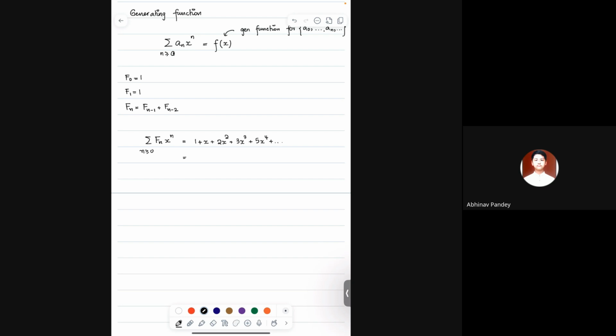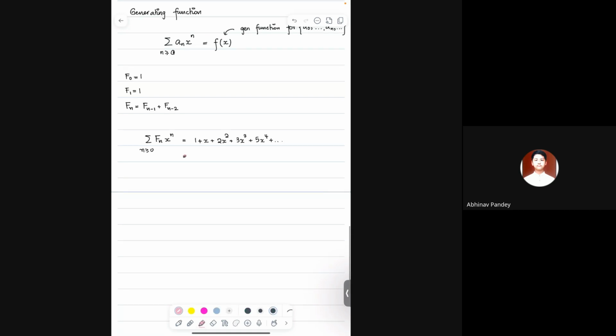I'm going to write down something in the next line which requires a trick, and I'm going to leave that bit as an exercise. You should convince yourself that you understand why this equality is true. But this can be written down as 1 plus x plus x squared whole squared plus x plus x cube.